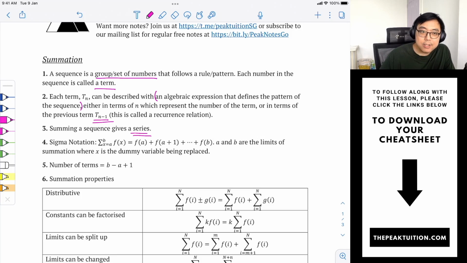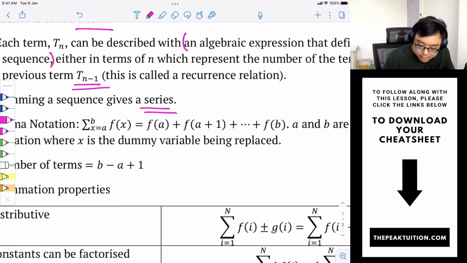Usually this is done in a sigma notation, where you have basically a big sigma, where they tell you where to begin the summing x and where to end the summing x. If we have a function of x that is being summed, we just need to substitute the x into it.